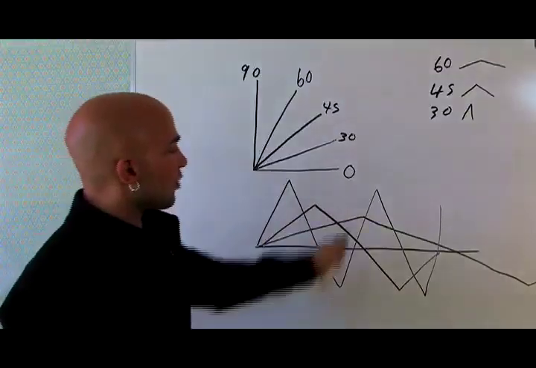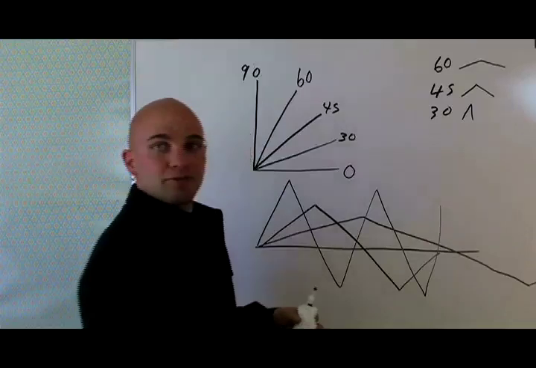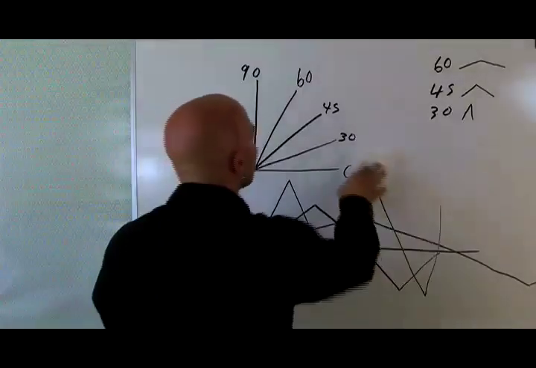And of course, one is a lot more up and down. The 30-degree is a lot more horizontal. I'll draw them out for you, spread out a little bit so that you can see them a little better here.